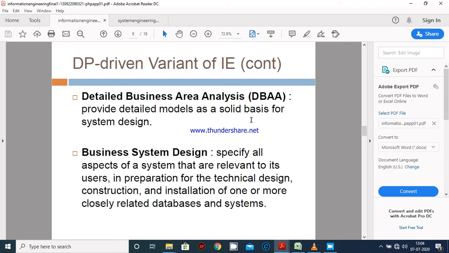Next is detailed business area analysis, that is DBA, which is used to provide detailed models as a solid basis for system design. The next one is business system design. It is used to specify all the aspects of a system that are relevant to its users in preparation for the technical design, construction and installation of one or more closely related databases and systems.